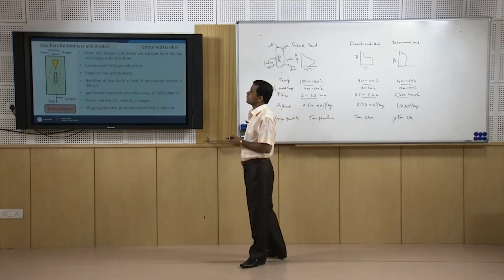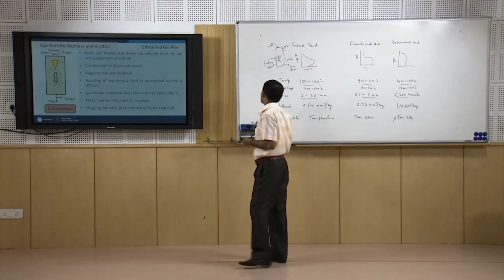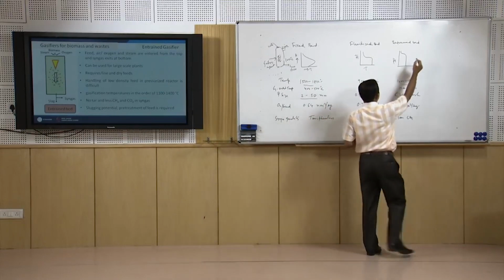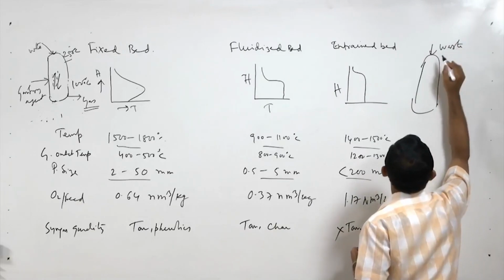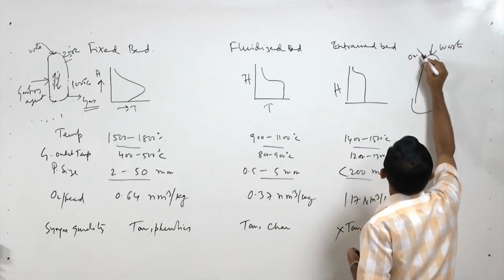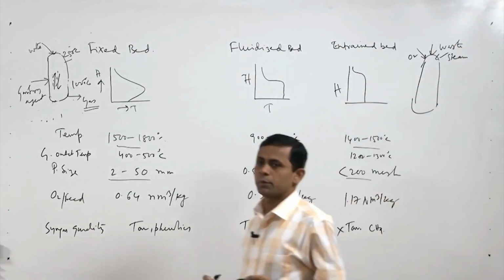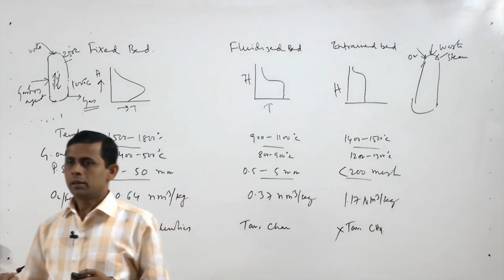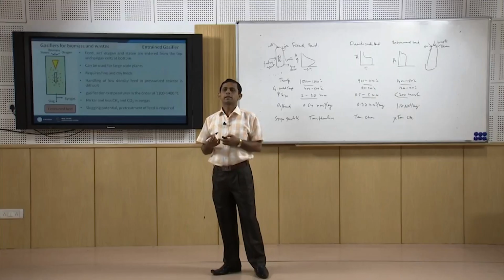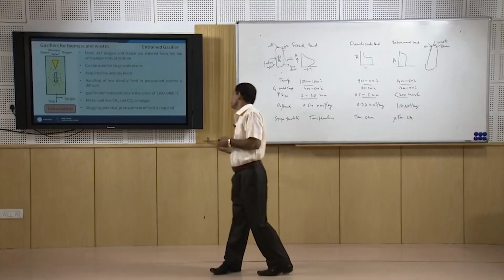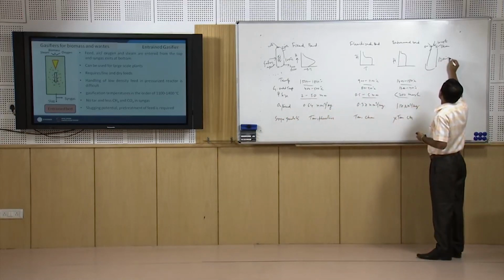Now, we will discuss the entrained bed gasifier. In this case, biomass or waste and the gasifying agent, oxygen or steam, are all put inside the gasifier from the top, and the solids and gasifying agents flow parallelly, get more time for contact, and the temperature inside is also very high, around say 1200 to 1400 degree centigrade.